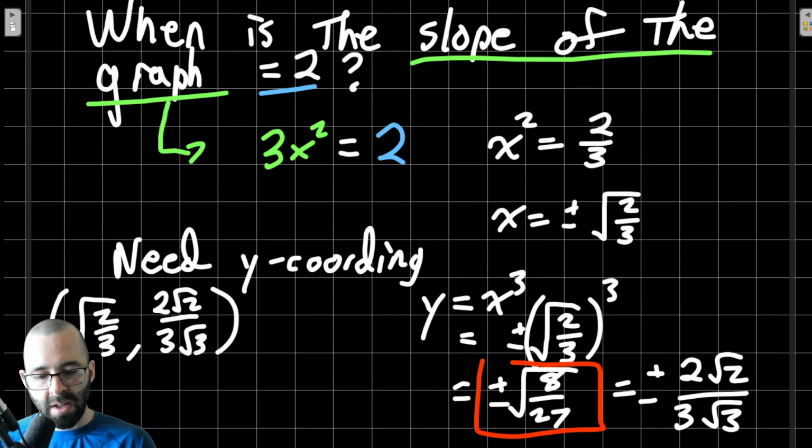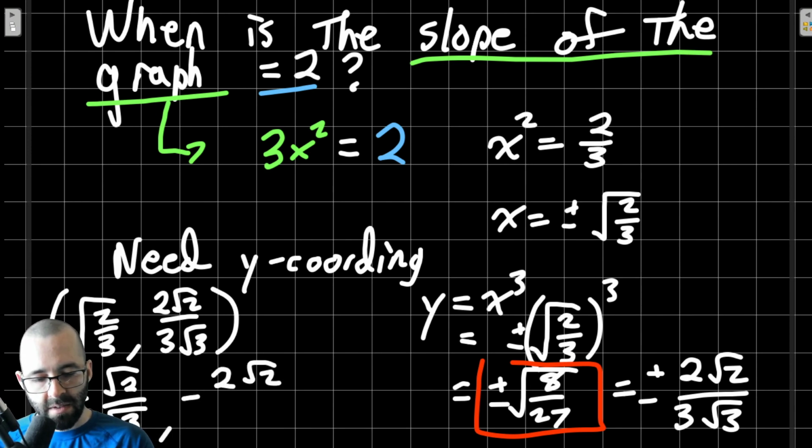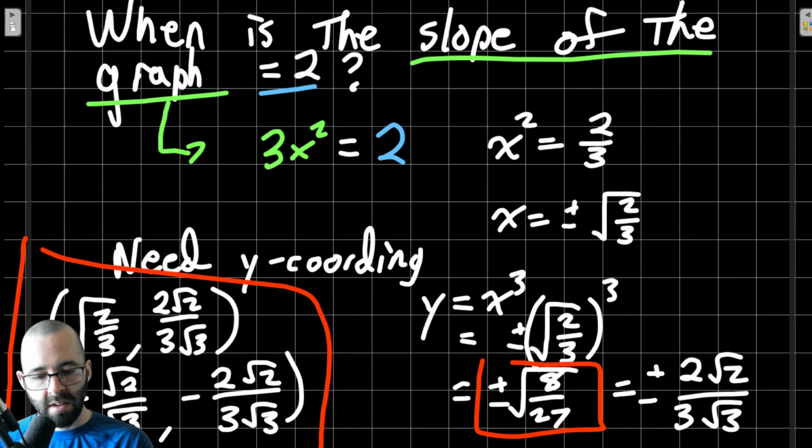And it's also going to be the point when x is negative square root of 2 over square root of 3. I'm not being perfectly consistent here. We do have 2 answers here. And of course, we'll have to check our answers and make sure that I didn't do something silly with a negative again.